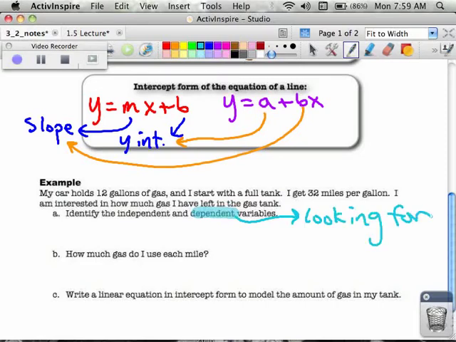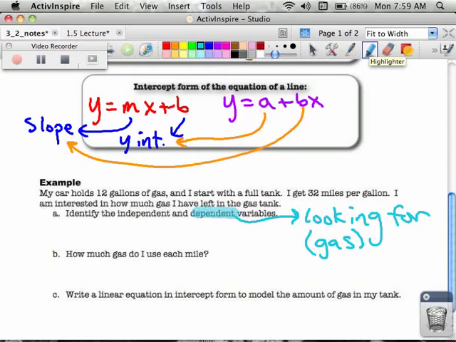In this case, because they say I'm interested in how much gas I have left, this is the gasoline. The independent variable is whatever you're going to shove into your equation to find the information that you're looking for. So it's the other thing that they talk about.